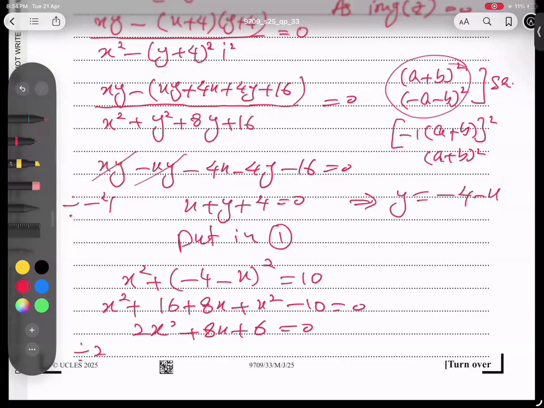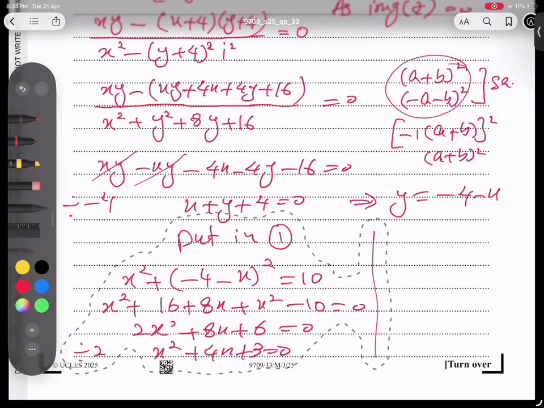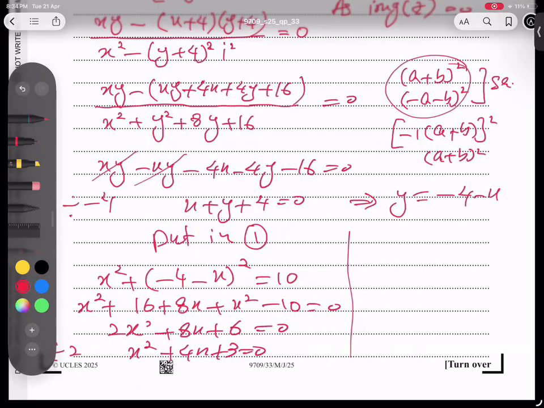Divide by 2. I'm getting here 2 4s are and 2 3s are. I'm going to factorize now. I think it is easy to factorize now. So I'm getting x square plus 3x plus 1x plus 3 is equal to 0. I take common out x plus 3, and 1 common out x plus 3.